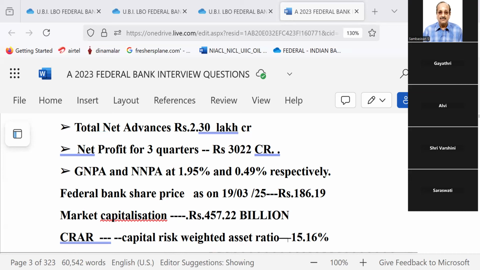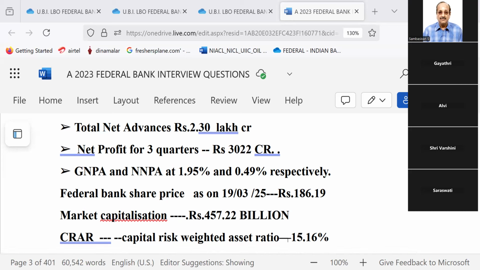Supposing the bank has invested in some company shares, that is subject to fluctuation. If the bank has given some loan to its own employees for housing, even that is subject to problems. They have a certain element of risk. What is the total advances and what is the risk element in respect of different advances? How much risk are we getting?